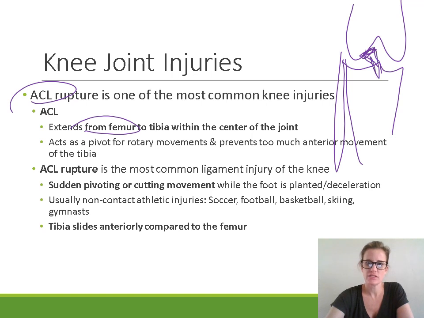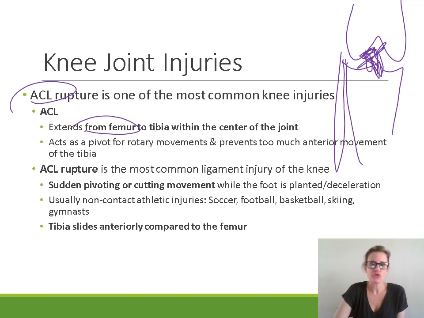And it attaches here on the tibia between the two tibial condyles. It's the anterior cruciate ligament because it is in front of the PCL. The posterior cruciate ligament will attach and go back behind this, towards the back of the knee, kind of Y-shaped.